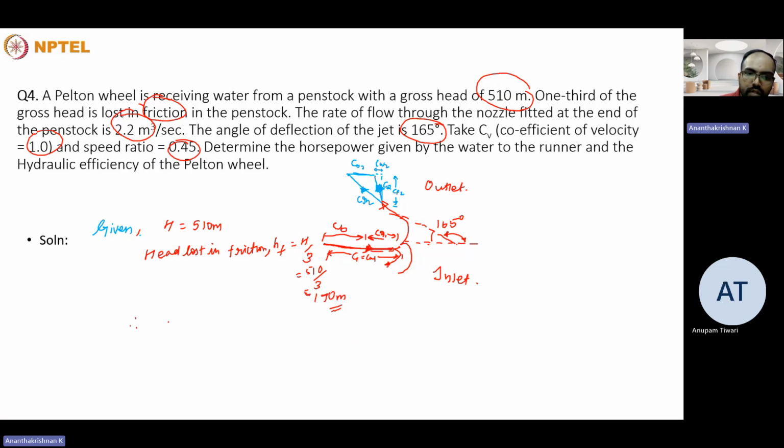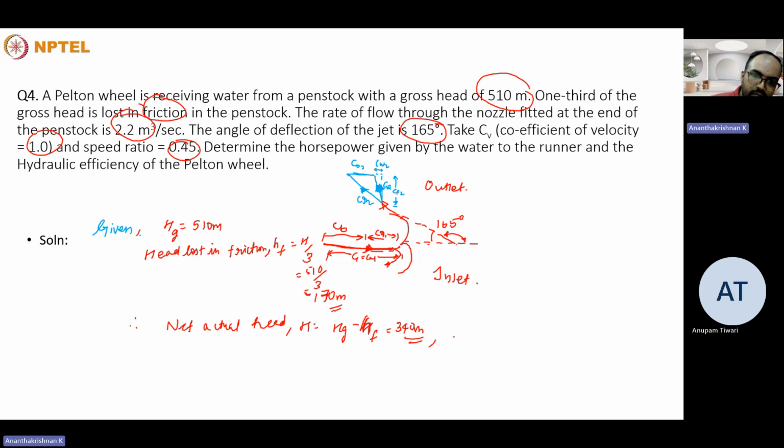Therefore, the actual net head that is available, H, will be equal to HG, the gross head, minus HF. So that will be equal to 340 meters. That will be the actual head that is available for power production.